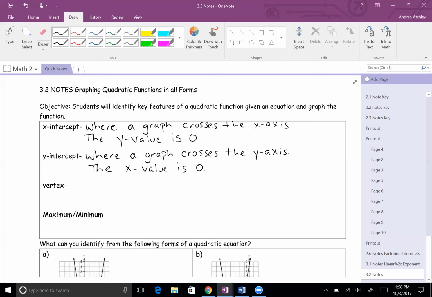The vertex of a quadratic function is the highest point for your parabola or the lowest point of your parabola. It's both.